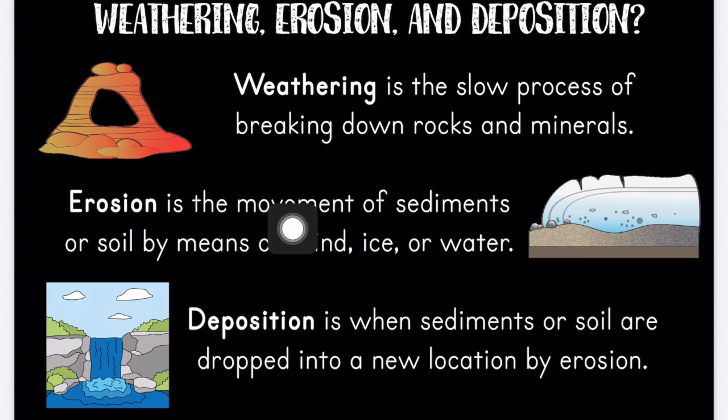Erosion is the movement. That's the key word for erosion. And deposition is when it's dropped into a new location. Another word you'll see a lot is settles. So weathering is breaking down, erosion is movement, and deposition is being dropped.